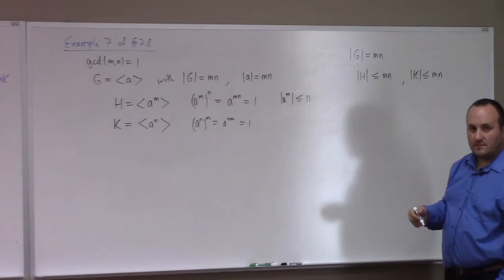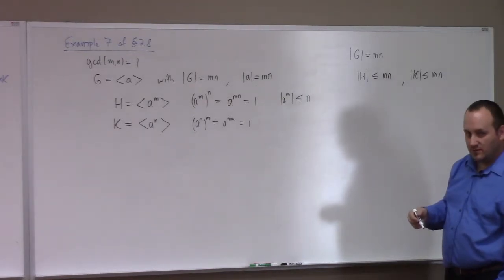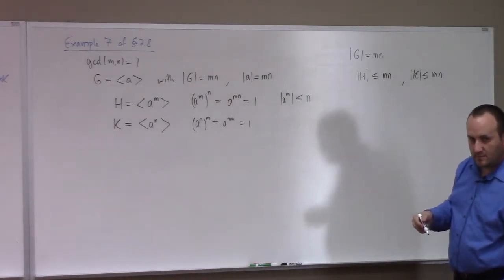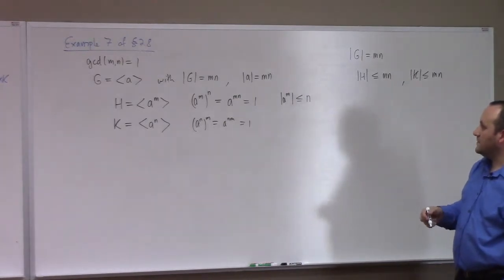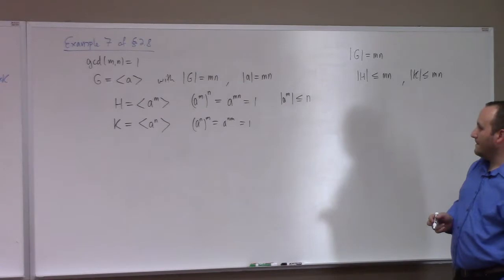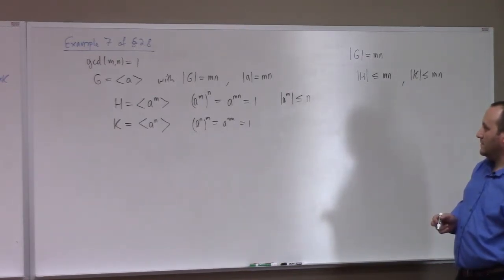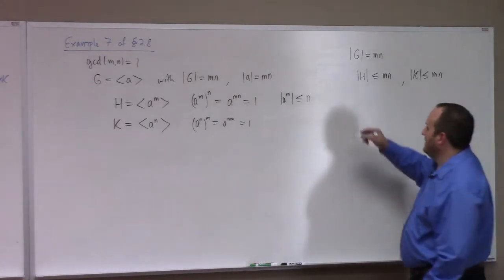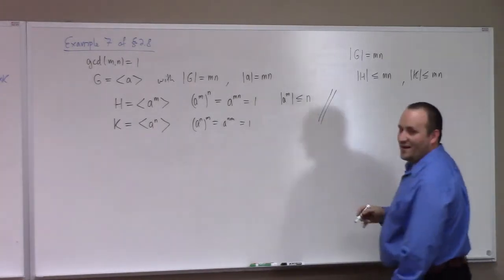They're relatively prime. Can you elaborate on that? Trying to think through it. Since they're relatively prime, there's the theorem that says the subgroup is unique to the order of... I'm having trouble here.